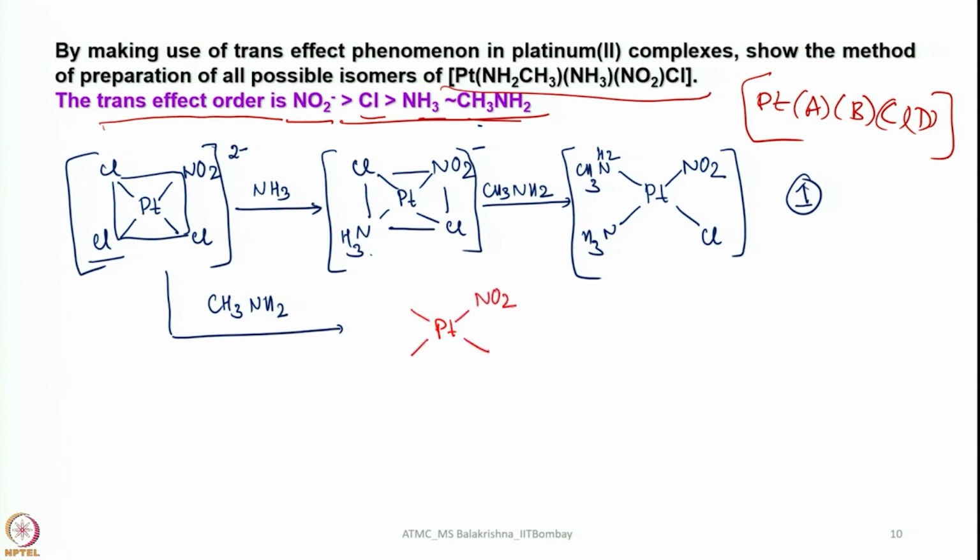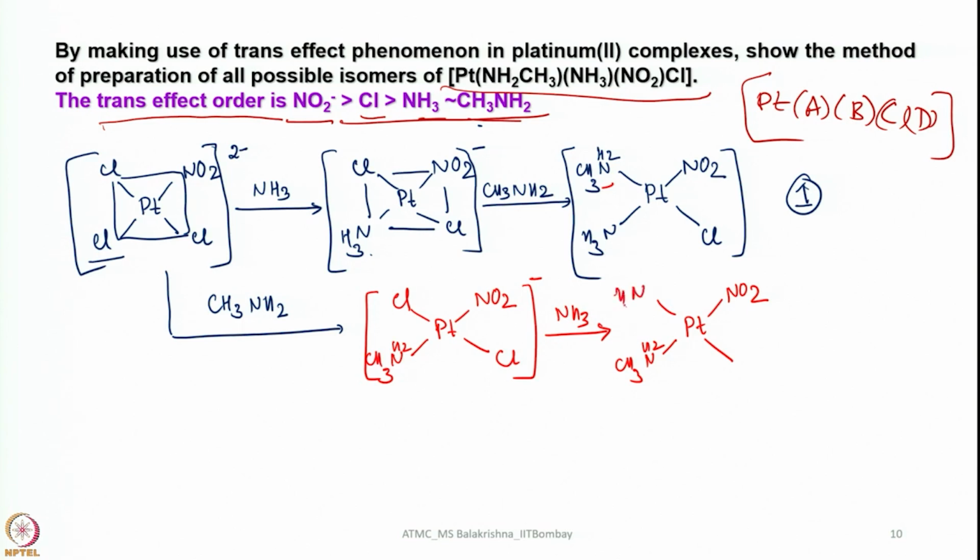The rest of the ligands would remain the same at their respective positions. Now I shall add ammonia. Now ammonia can go here. So we ended up getting a neutral molecule. This is the second isomer.